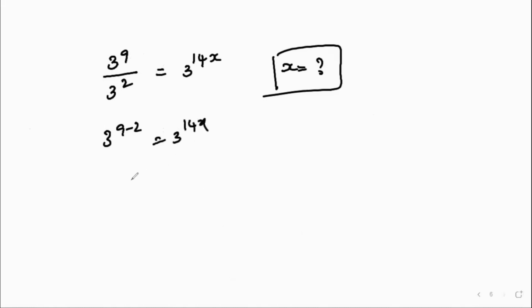Correct. 3 power 7 is equal to 3 power 14x. Okay. And then 7 is equal to 14x. Right. And then 7 divided by 14. x is equal to 1 by 2.